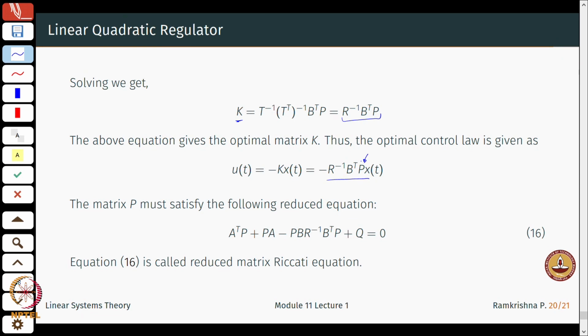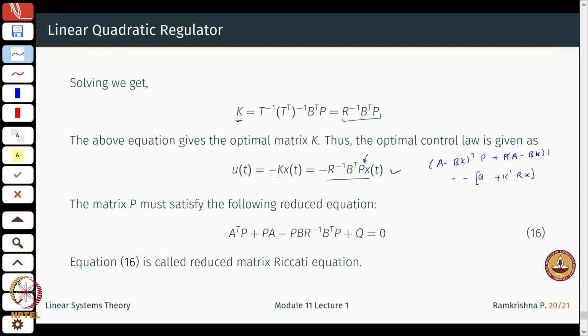Well, I have this expression for K. In addition, I also have an expression which looks something like this: (A minus BK) transpose P plus P (A minus BK), and this was equal to minus (Q plus K transpose RK).